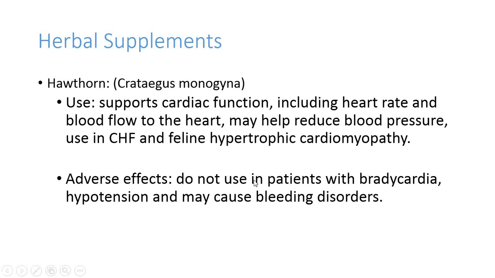So dogs who come in with early stage 1 congestive heart failure, cats with hypertrophic cardiomyopathy, I'll put on hawthorn, initially the herb of choice. It seems to help the animals and tends to delay having to start more powerful, stronger cardiac drugs, cardiotropic agents. So for what it's worth, hawthorn works fairly well for cardiac conditions, and I use a fair amount in my practice.